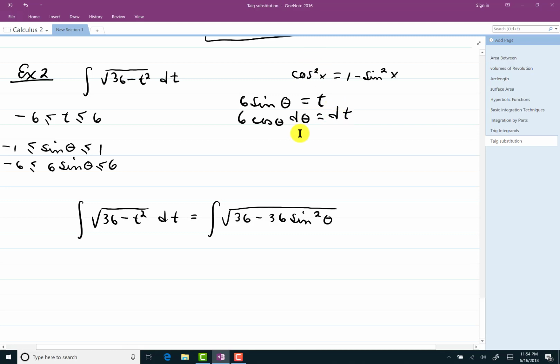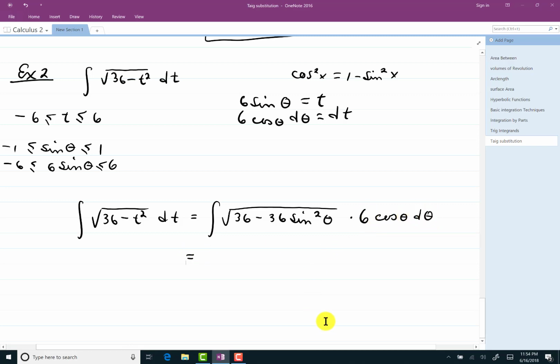You could have let cosine of theta be equal to t, 6 cosine. However, when you took the derivative, it would give you a negative, and I don't want that. I try to keep things simple every single step. I don't want to introduce negatives if I don't have to, and things of that nature. So anyways, let me attach to the end of this 6 cosine of theta d theta.